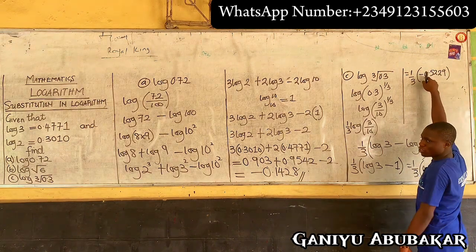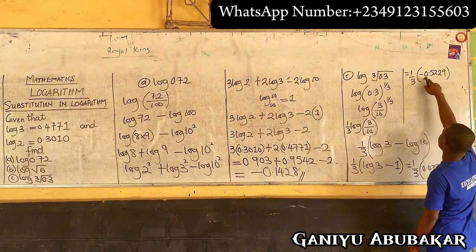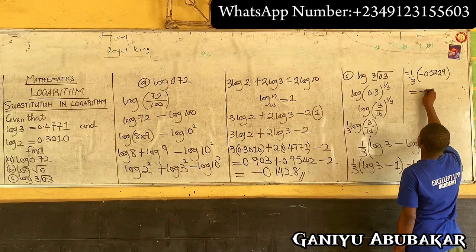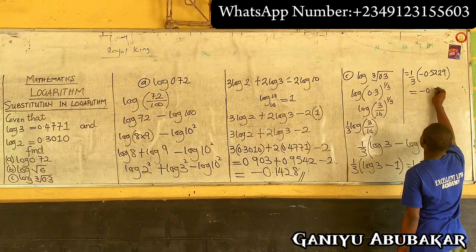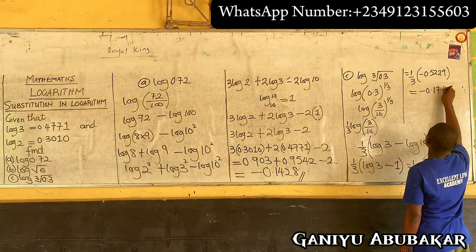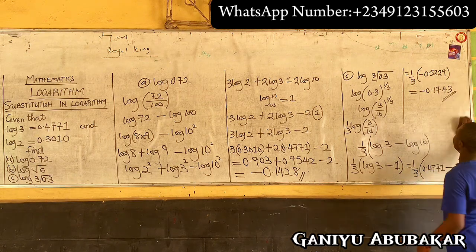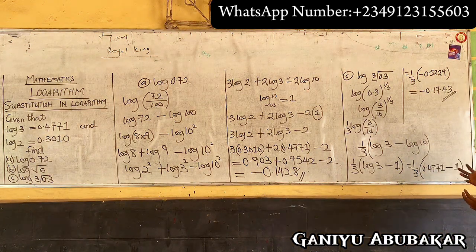Divide this answer by just 3. Divide minus 0.5229 by 3. Minus 0.1743. This becomes my answer to this particular question.